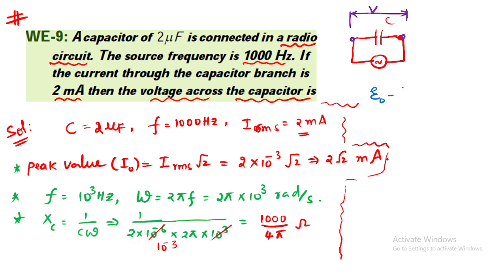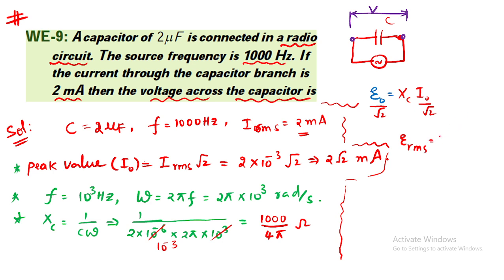So the peak value E naught is equal to I naught into Xc. Can I write it like that? Xc into I naught. Yes or no? If I divide by root 2 on this side also, this will become the E RMS value or not?